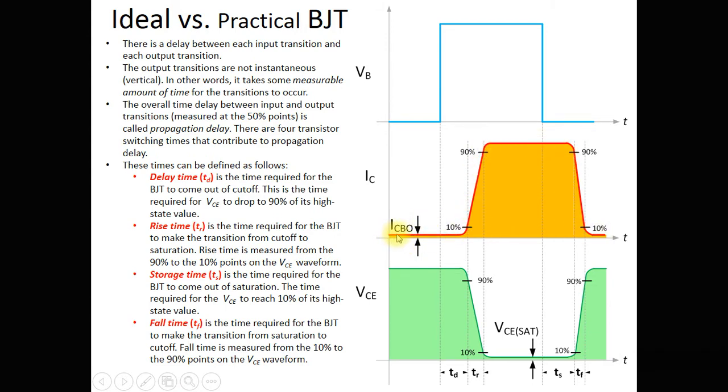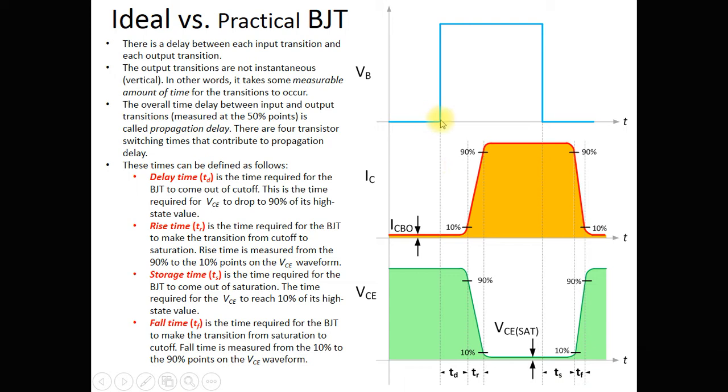When the transistor is off, IC is not exactly equal to 0, it is equal to ICBO, which is the leakage current. Remember that in a bipolar junction transistor, when the transistor is off, the collector base junction is reverse biased. At that time some reverse current will also flow, but it is very, very small. It is due to the minority current carriers, and of course this is temperature sensitive.